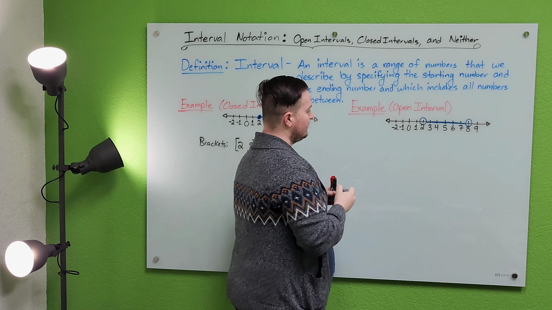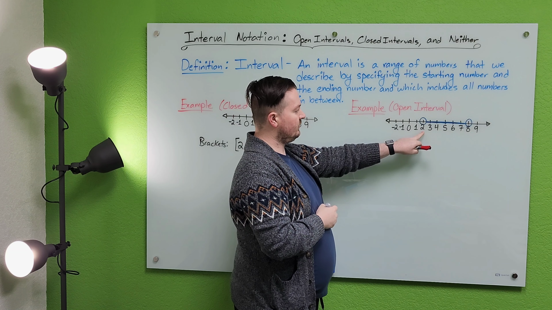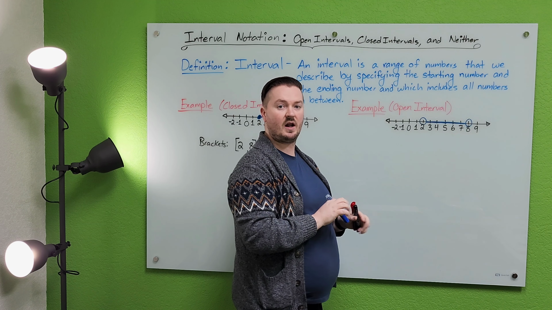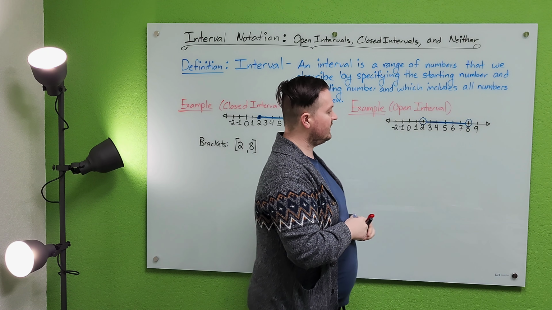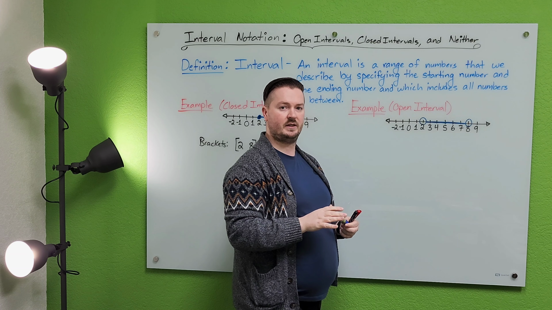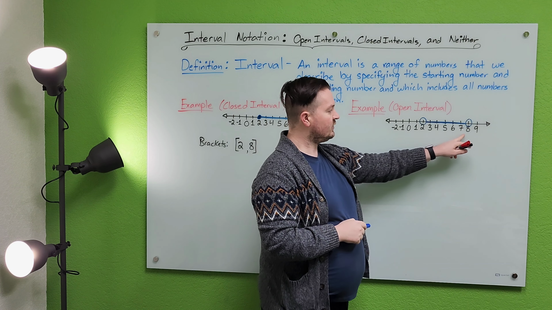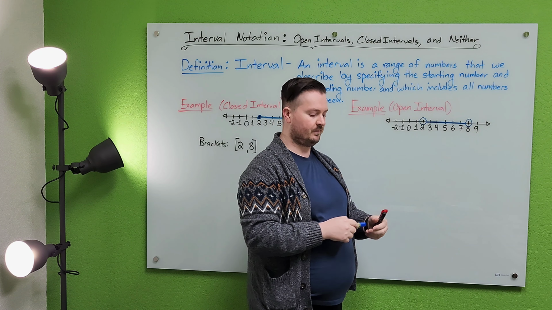What this is showing us is that at the number 2, there's an empty space because we're not actually including the number 2. At the number 8, there's an empty space because we are not including the number 8, but every number between 2 and 8 is being included.